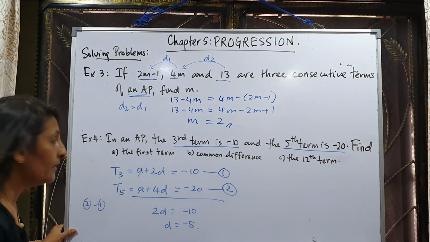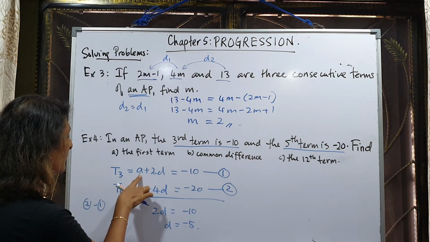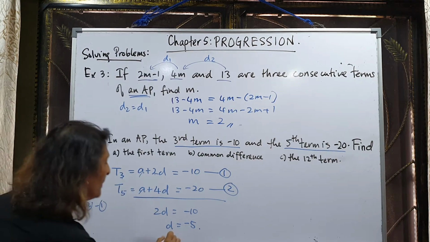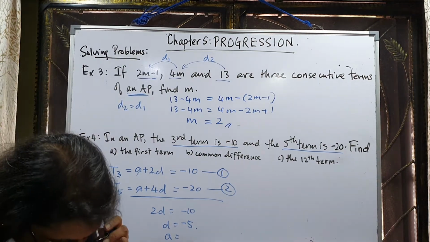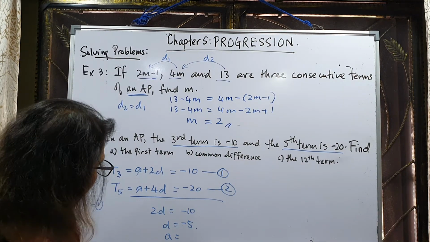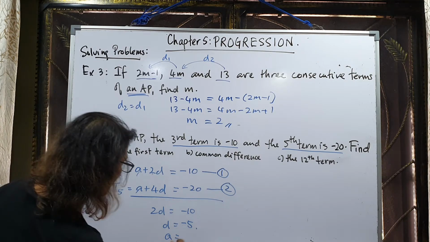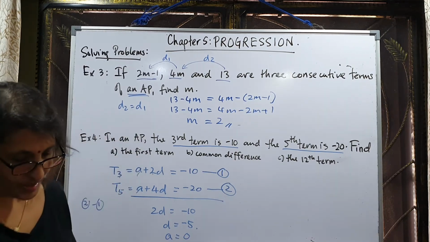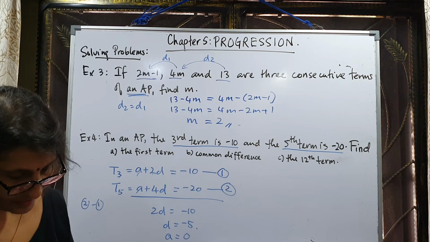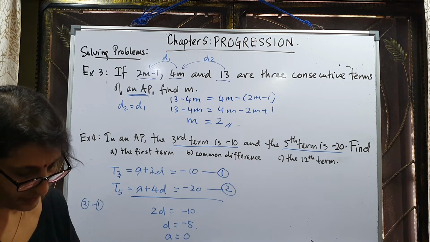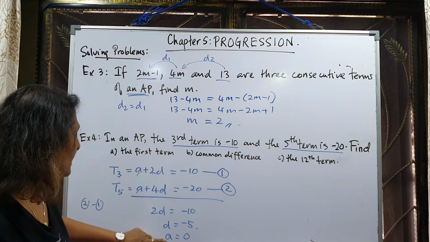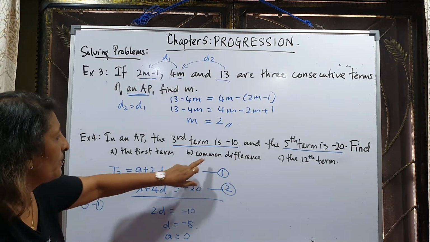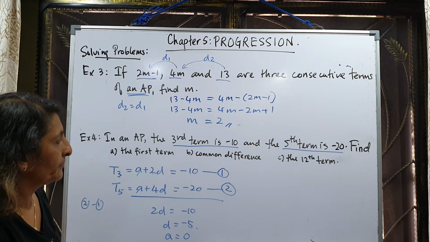Once you got the d, sub it into equation 1 or 2 and you can get your a. Alright, so your a would be 0. Okay? So you have found the first term, which is a, and the common difference, which is d.